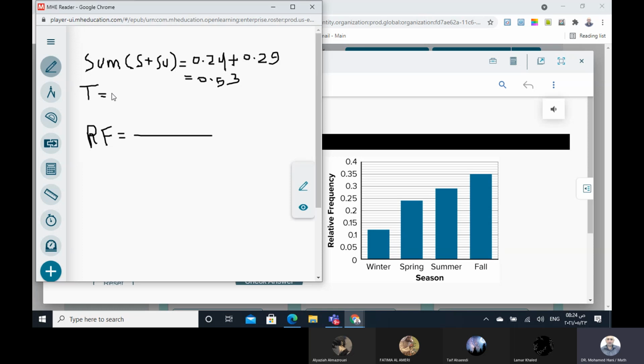So we can write here 0.12 plus 0.24 plus 0.29 and the last one 0.35.